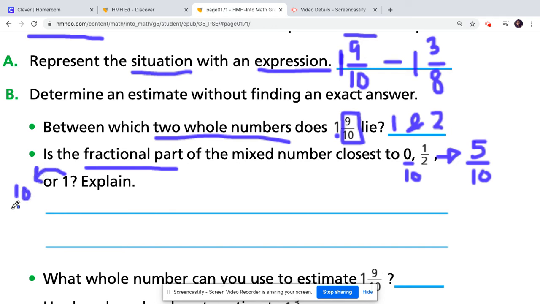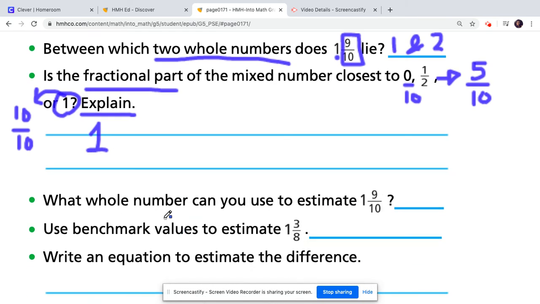So you have to ask yourself, is the fractional part of the problem for group A, 9/10, closest to 0 out of 10, 5 out of 10, or 10 out of 10? You should have said 10 out of 10, okay? And then you would just give me a little explanation as to why, okay? So 10 out of 10, you would say 1 is your answer. So it is closest to 1.